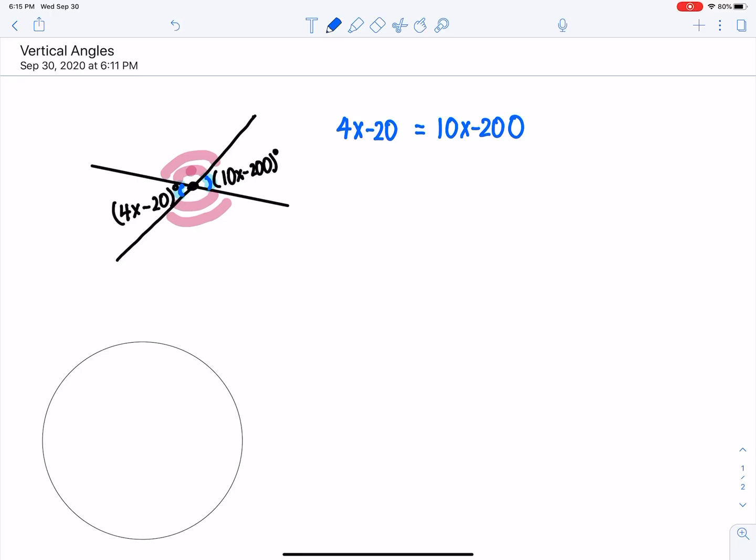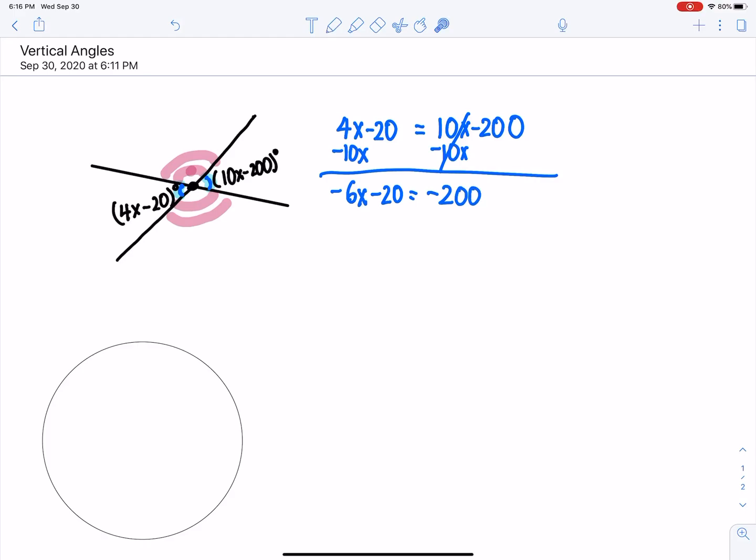So the opposite of positive 10x is minus 10x. What you do on the right, you do to the left. And so on the left side, we have positive 4x minus 10x, which is negative 6x. We bring down whatever's left in the equation.